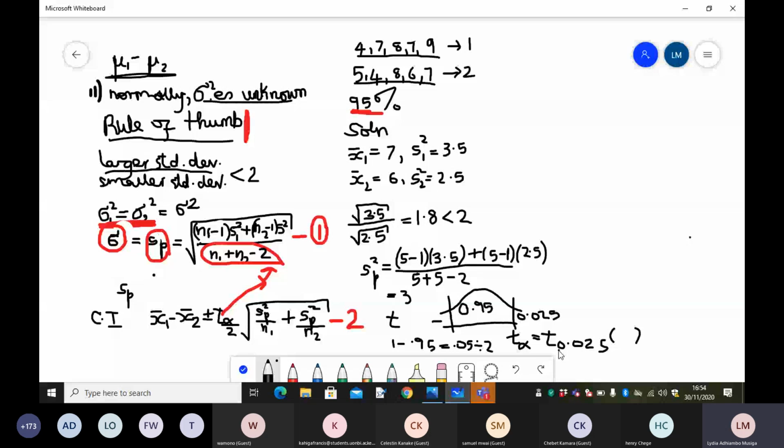We are using the level of significance to get 0.025, and also we need to know the degrees of freedom, which are 8, before we go to the table. So we need to do our calculation here. We have to know in our mind's eye how the distribution looks like to give us the areas to the left and right. And then we need to know what we shall look for in the table. There is no need of going to the table without knowing what we are looking for.